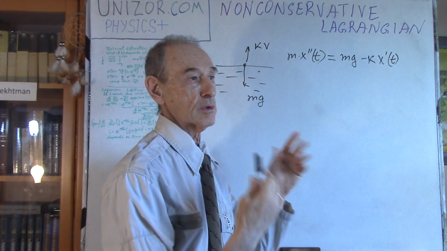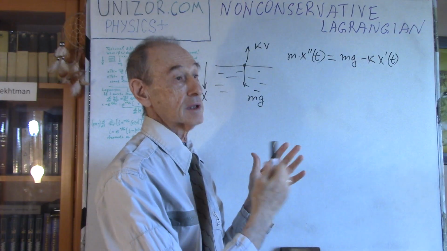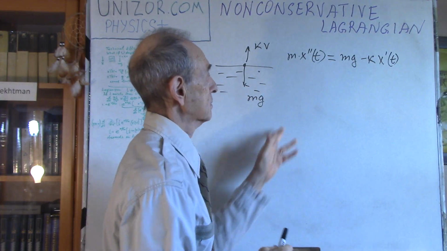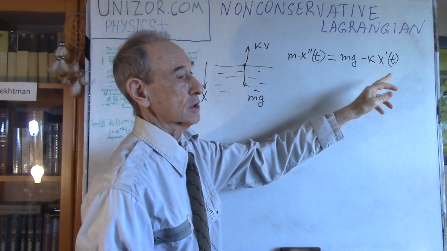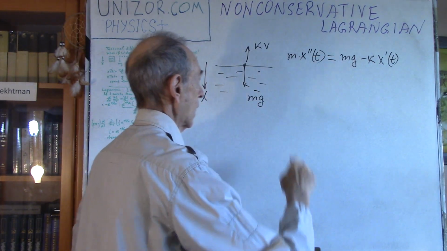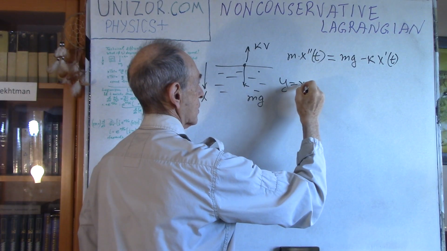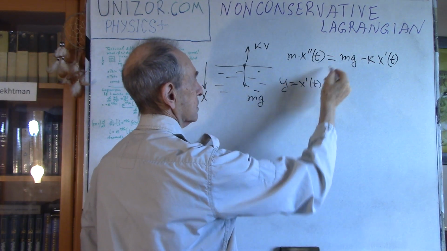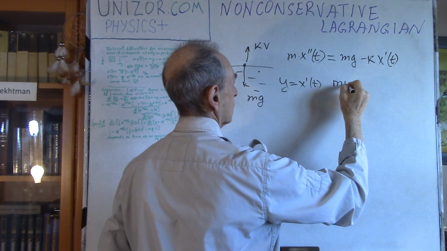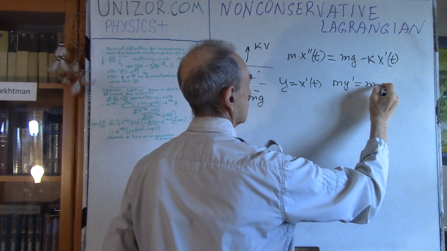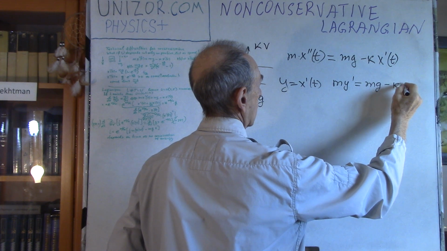So for those people who are familiar with differential equations, they can actually try to solve it. The first step would be, instead of the first derivative, you can put just another function, y, which is the first derivative. So now you have the derivative only to the first degree, right? So my y' is equal to mg minus ky.